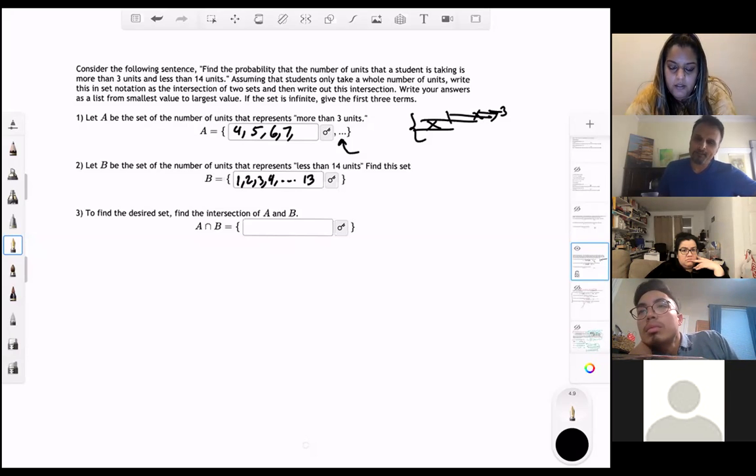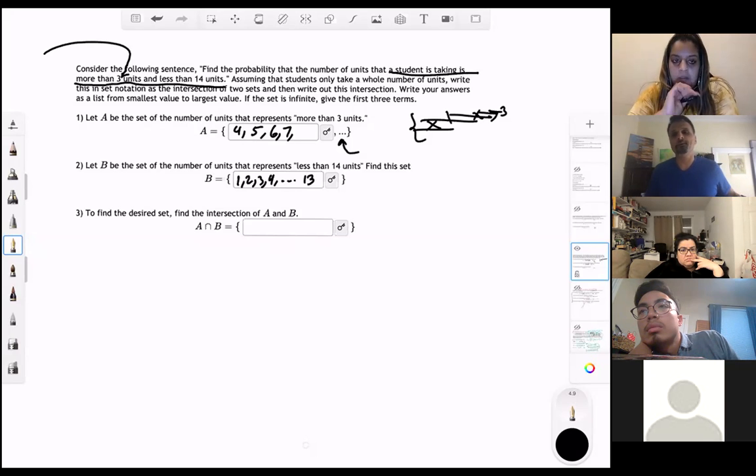I think at the end it's going to be 4 to 13 because the student is taking more than 3 units and less than 14 units. So we have a minimum value here, 3. So we're going to start with the 4.